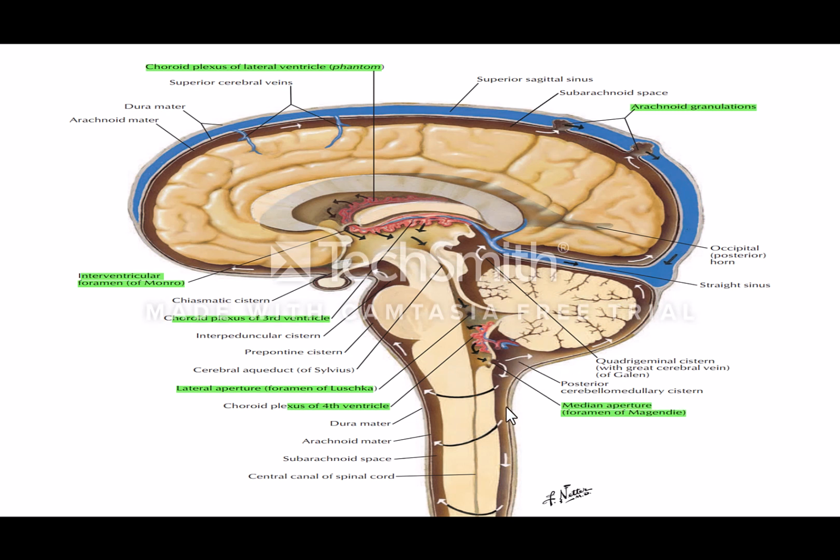Within the subarachnoid space, there are places of dilation, areas where you have a large space, or what we call dilatations. Those areas are called systems. So we've got the posterior cerebellomedullary system, the quadrigeminal system, and the interpeduncular system.